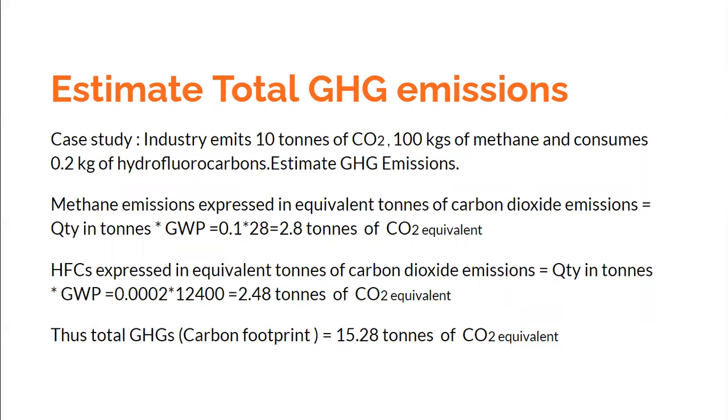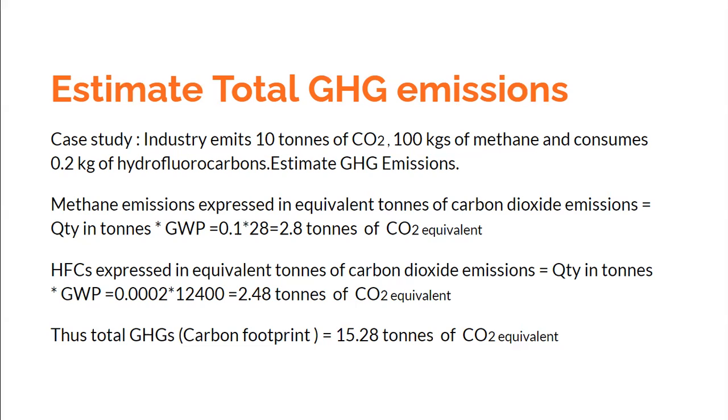So we need to calculate the CO2 equivalent from methane. 100 kgs means 0.1 tons, and 0.1 tons into 28, because that is the multiplier for methane, so 0.1 into 28 is 2.8 tons of CO2 equivalent. Similarly, for HFCs, whose quantity is very small, it is 0.2 kgs, but because its multiplier is 12,400, it does contribute significantly to the carbon footprint.